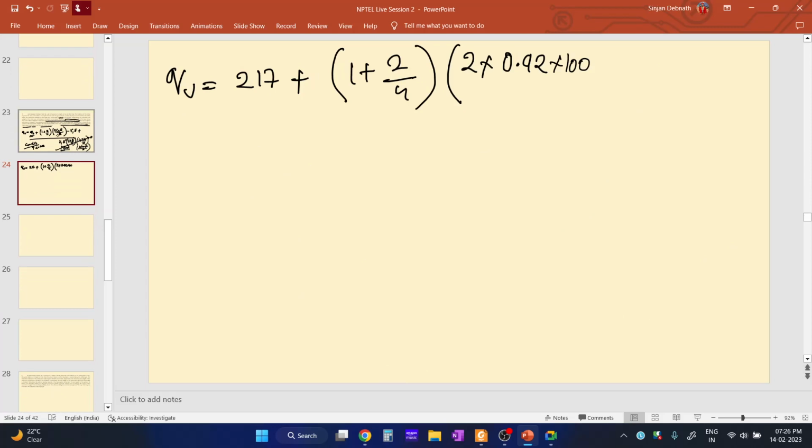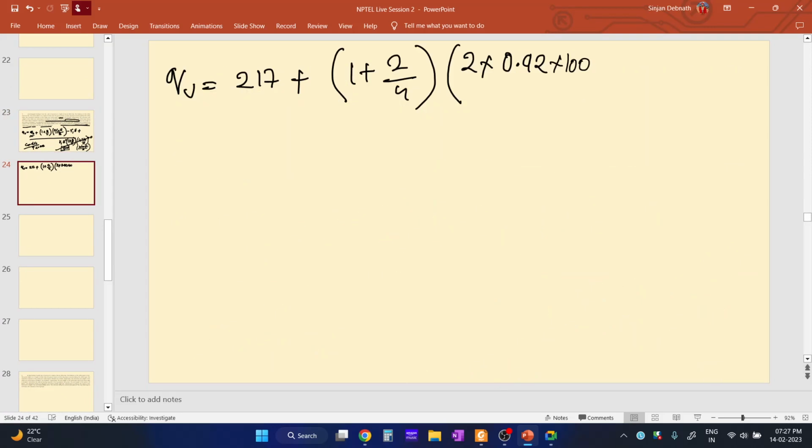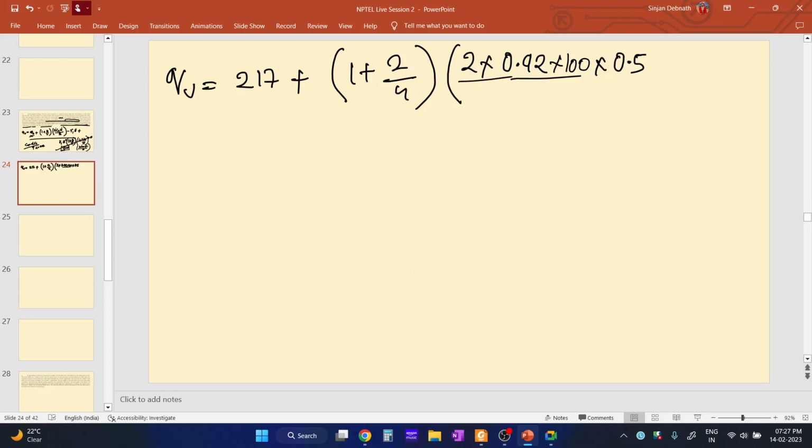So H is equal to 0.5. 2 into CA into H by B. So what is B? B is 2 meter. Okay.